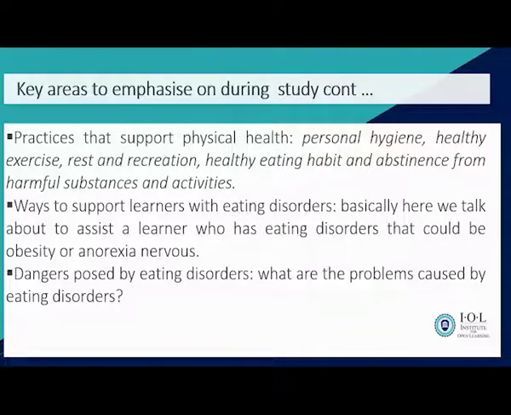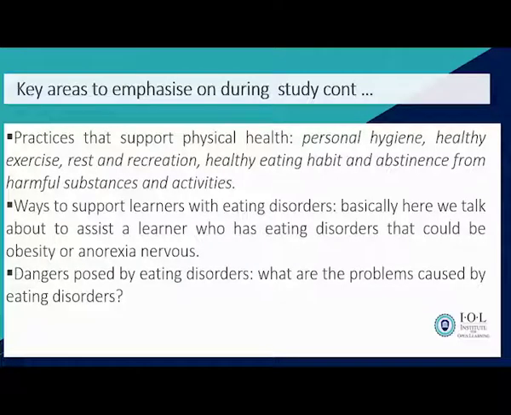The child needs to exercise so that the child's brain can also function well. The child needs to rest. The child needs to eat good. The child needs to stay away from substance abuse. Substances could be alcohol, substances could be cigarettes and other activities.